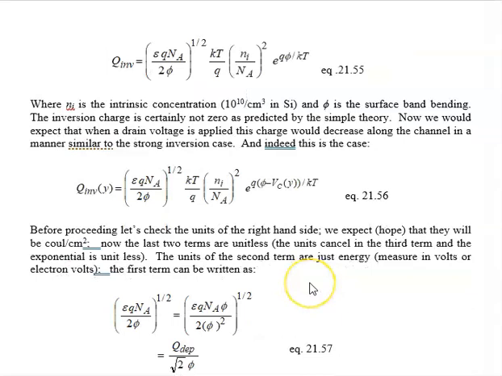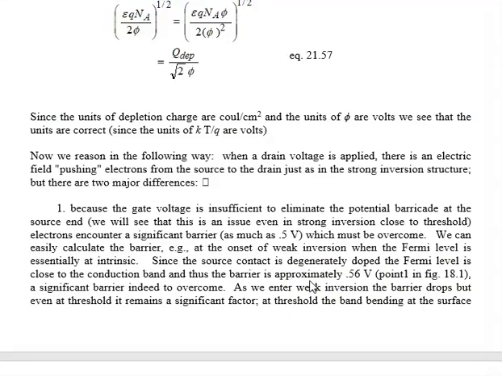So the N+ source is going to be degenerately doped, so it's going to have a barrier of about 0.56 electron volts, which is 1/2 the band gap. And if we're somewhere in weak inversion, we may be able to reduce that just a little bit, but not very much. So we're going to have a barrier at the source of somewhere around 0.5 volts.